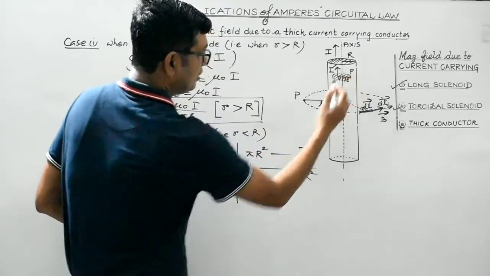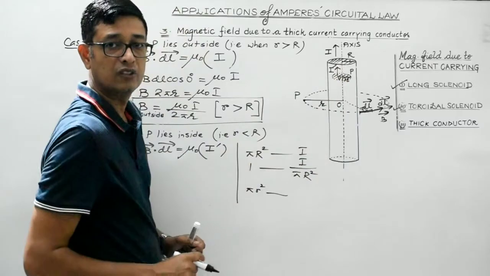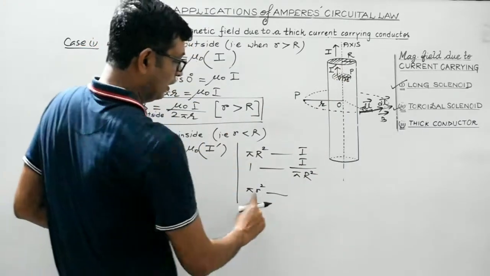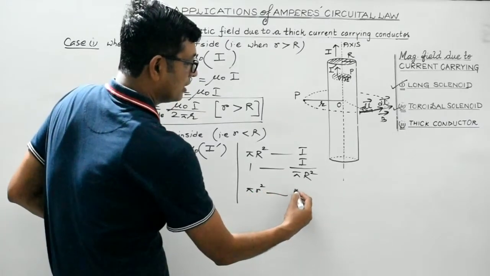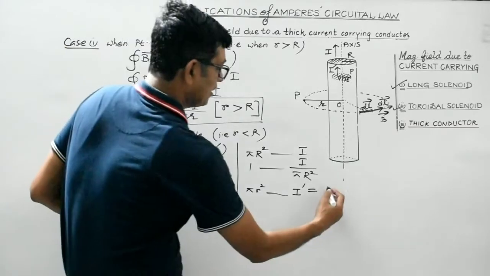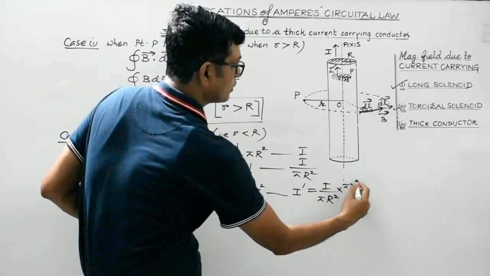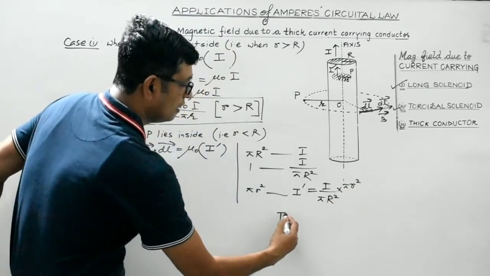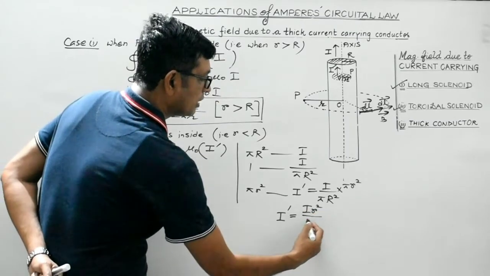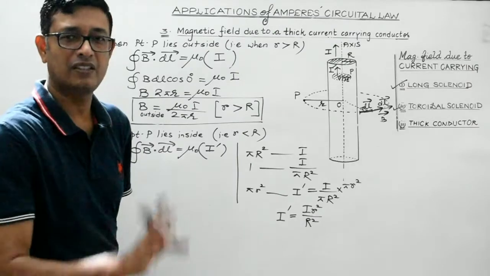Therefore, for area pi small r square, which is the area of this new circular loop, when point P lies inside the current carrying conductor, the current flowing through this cross-section area is I dash. And it will be given by I by pi capital R square multiplied by pi small r square. Pi gets cancelled. So I dash will be equal to I small r square divided by capital R square. Clear students? It's pretty simple.